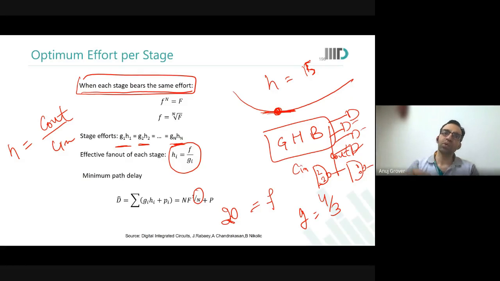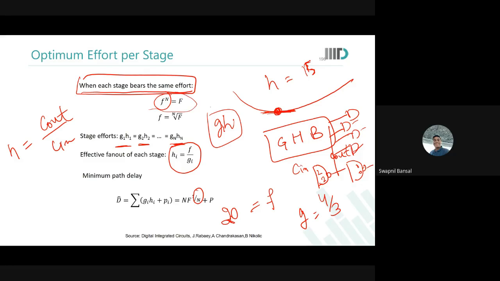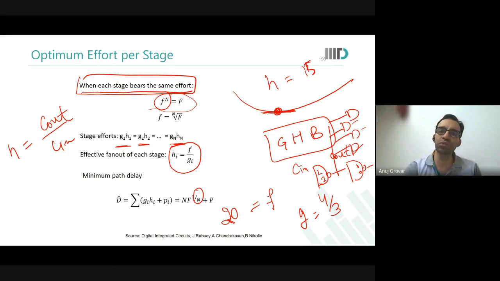So what that means is all the stages, सबका stage का S is GH, है ना? So therefore, we took the nth root of F, where n is the number of stages.